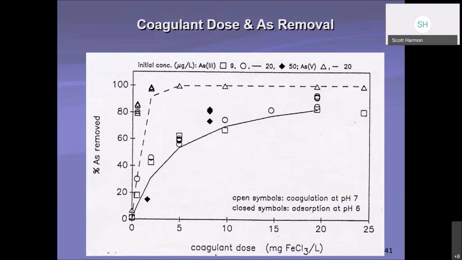You get the higher percentage of removal with a higher dosage rate. So again, with any other coagulant, what you're trying to do is destabilize the ion, in this case the arsenic ion, to make it readily adhere to other particles that you would later flock and turn into sedimentation. And ultimately, if it doesn't go through that process, it would get filtered out at the end point.